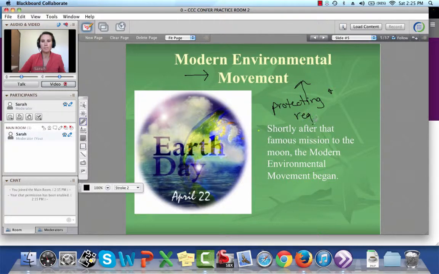We came up with the first Earth Day, and we end up with the Endangered Species Act, the Clean Water Act, the Clean Air Act, CAA. We're going to talk about all these different acts as we go through the semester. But the modern environmental movement was the result of the trigger of the Apollo 8 photos.